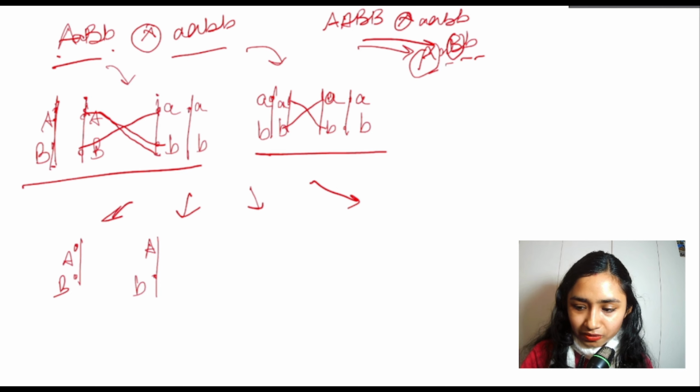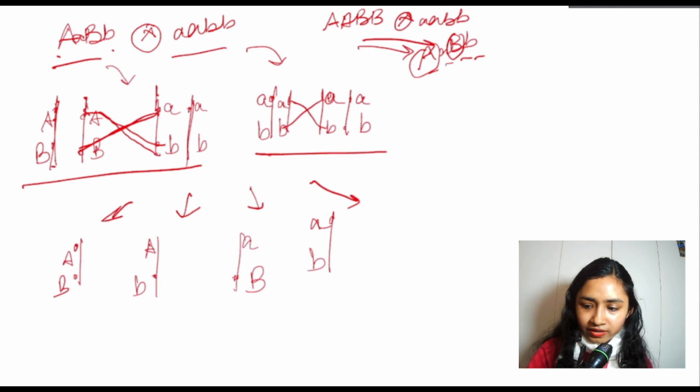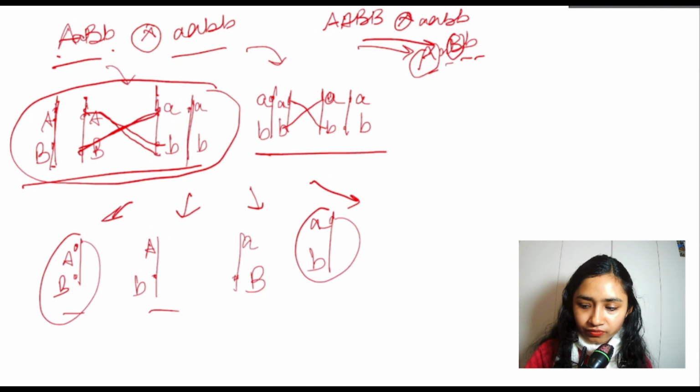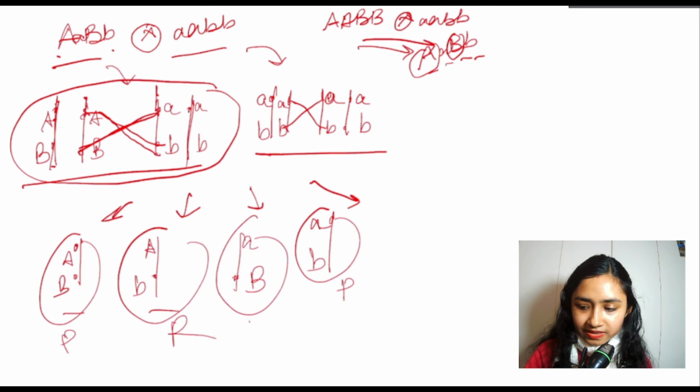Then small a doesn't go straight, it goes with capital B, and the other is normal, small a, small b. Here you can notice that before crossing over these were the types of gametes, but after crossing over there are different types of gametes. These two are parental combinations of gametes and these two are recombinant gametes.